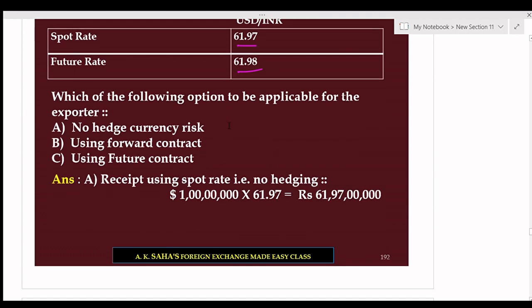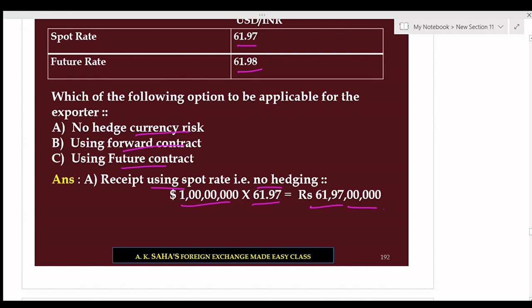Which of the following options is applicable for the exporter? No hedge of currency risks, using forward contract, and using future contract. Receipt using spot rate, that is no hedging, you just multiply the expiry date spot rate 61.97 with 10 million dollar, it is equal to 61 crore 97 lakhs rupees.